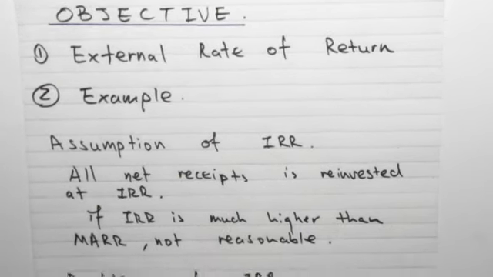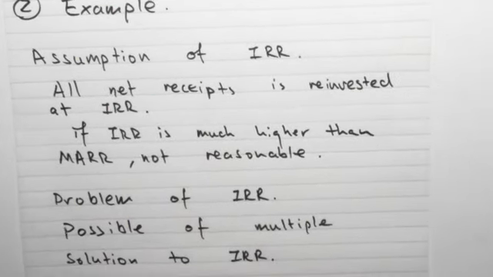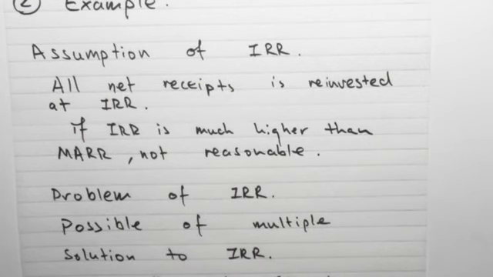Now, the second problem with IRR is that depending on the complexity of our cash flow, it is very likely that we will have multiple solutions to our equation, and as a result of that, we cannot tell without further work which is the correct IRR, because both IRRs will give you the same answer.